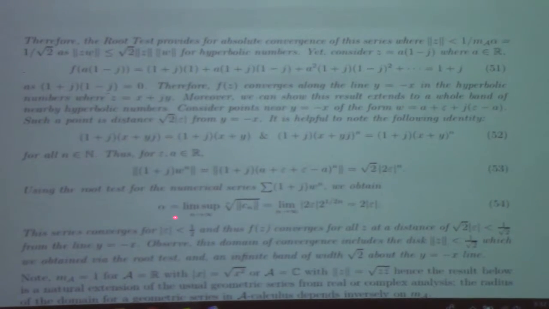So long story short, you calculate the alpha for this numerical series, you get 2 times the absolute value of epsilon. As long as the absolute value of epsilon is less than a half, then the lim sup of the coefficient is what we need for convergence. And so we get convergence not just along the zero divisor line, but on a whole infinite band.